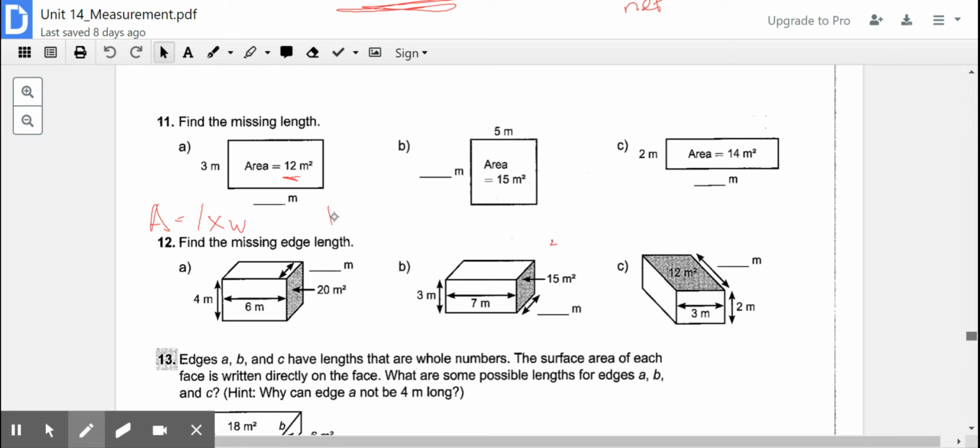So they're saying 12 is equal to 3 times something. Well, what number is that something going to be? 3 times 4 is 12, so the area is 4 by 3. Okay, so that's what we're doing. We're doing some basic algebra to work backwards, finding the missing dimension, the length or the width, from the area. Go ahead and do the same thing with B and C.